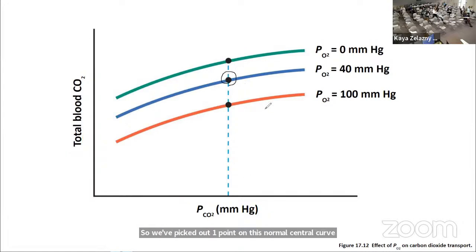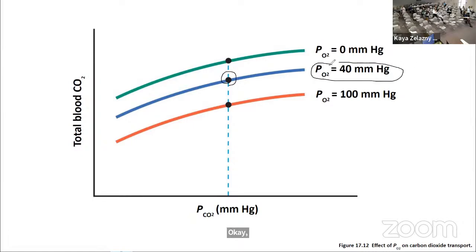This represents what's happening in our veins when the partial pressure of oxygen is 40. So this is how much total blood carbon dioxide we would carry here. But we're going to carry different amounts of carbon dioxide at different partial pressures of oxygen.